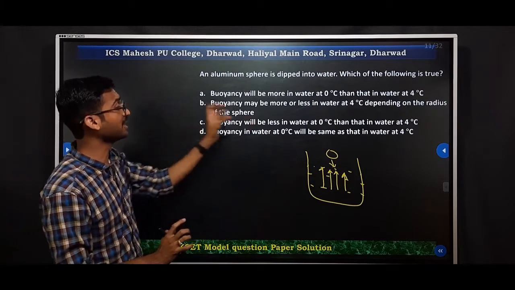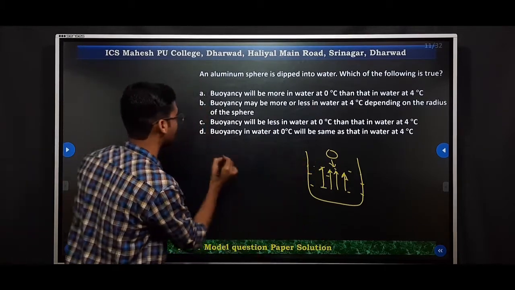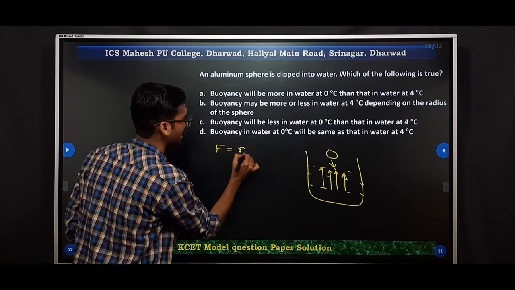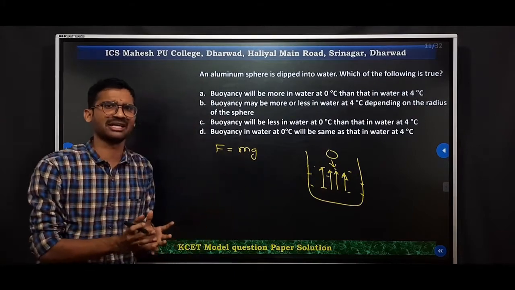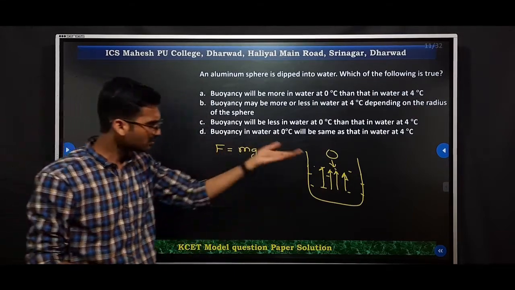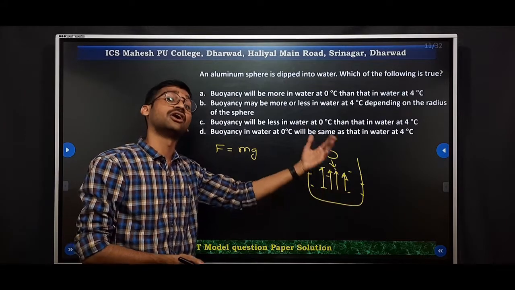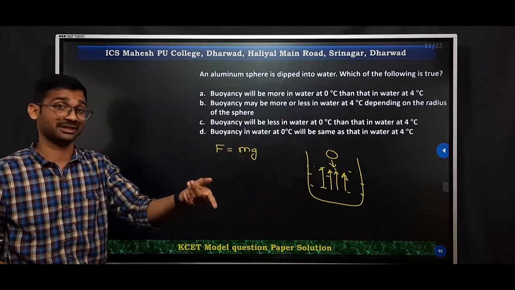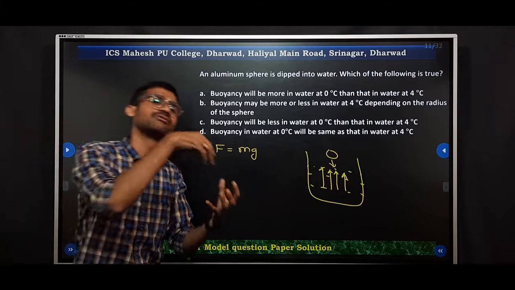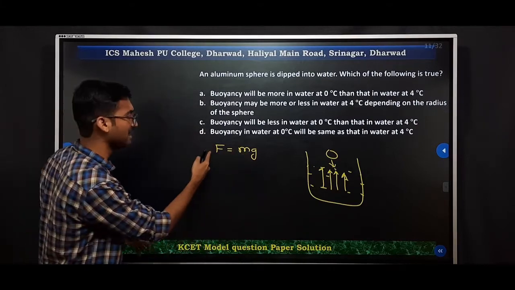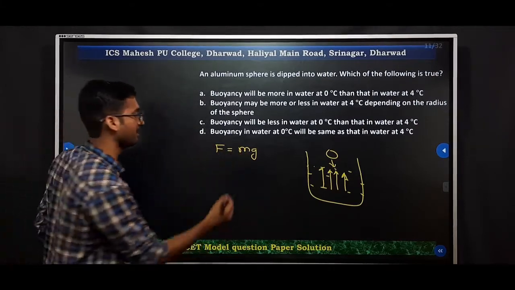Now therefore, what is the equation for the buoyancy? If I take it, it's nothing but force is equal to m into g. I can write it directly, because it is the force applied by the fluid on the object which is equivalent to the weight, which is dipped partially or fully. So we can have here F is equal to m into g.